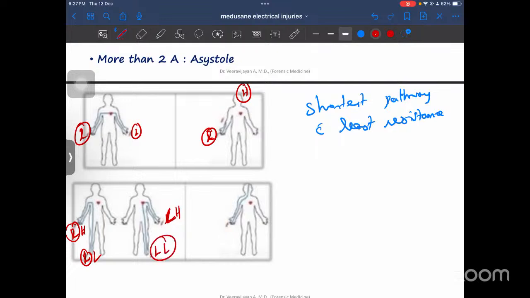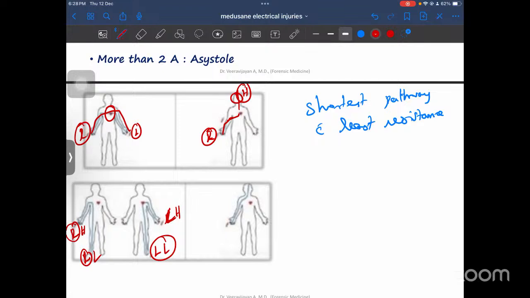While in this pathway, the important organ is the heart. Another one, here in this pathway, one is heart. It goes through head. Here the important center is the respiratory center in the brainstem. Whenever the current flows through these important vital centers, the heart and brainstem, it causes death.